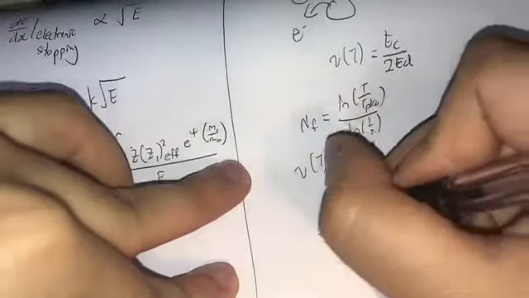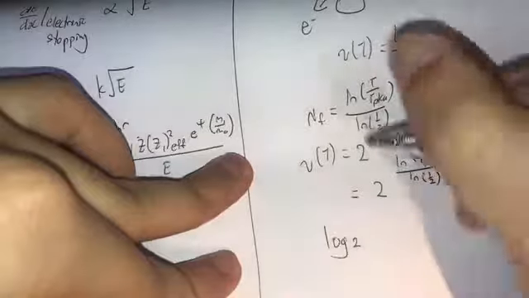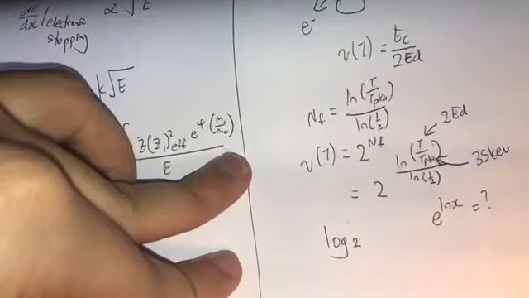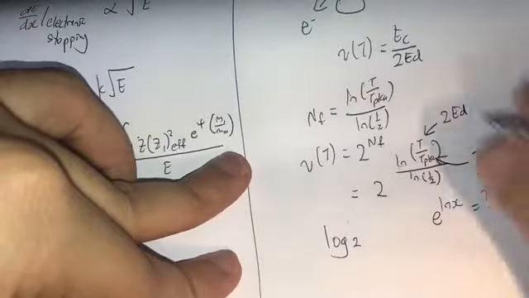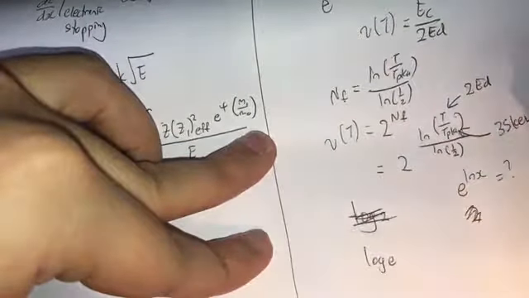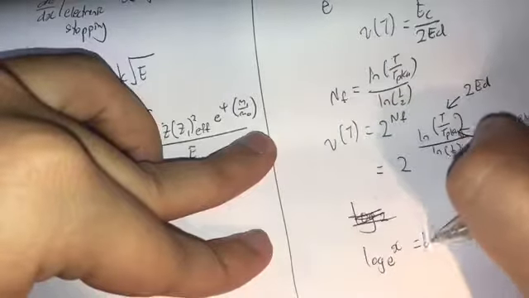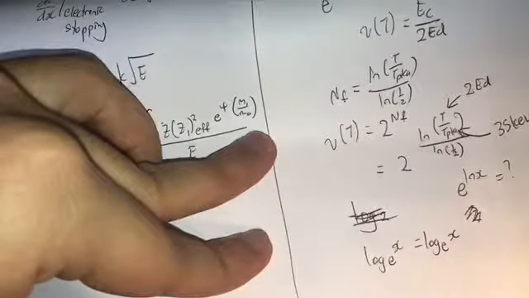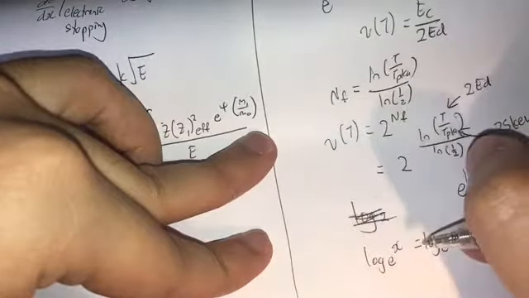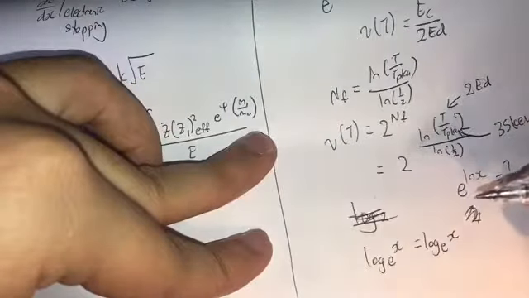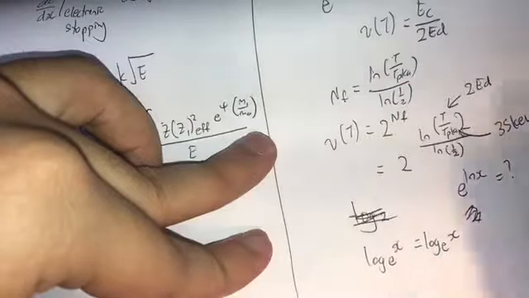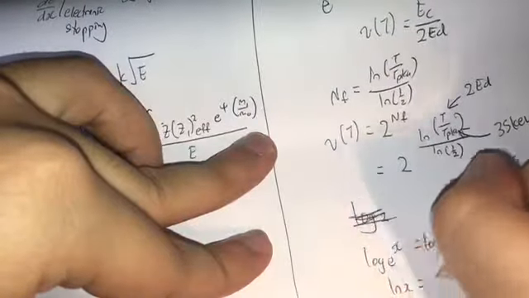And why are we doing that? Let's say you have e to the power of ln x. What is that equal to? This is a simple mathematical trick: we take the exponent of both sides. ln x equals ln x.